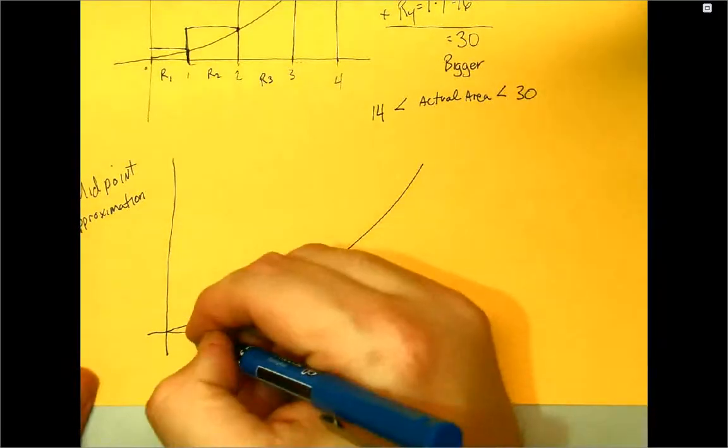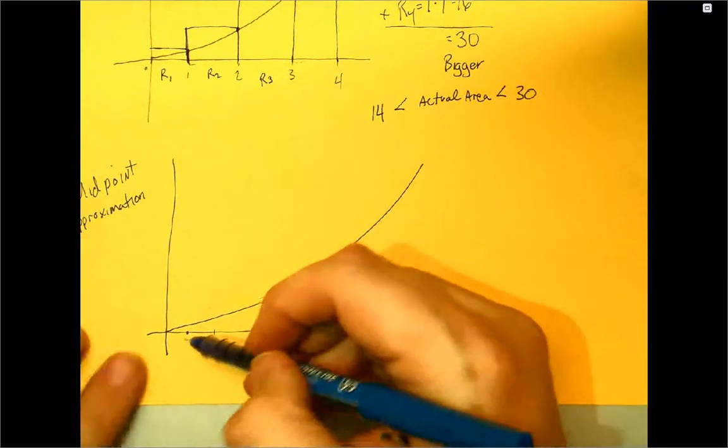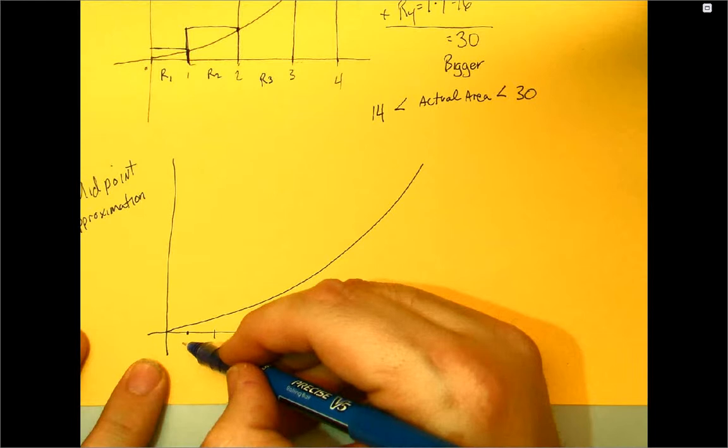If I'm going from 0 to 1, what's the midpoint? Half, or 0.5.